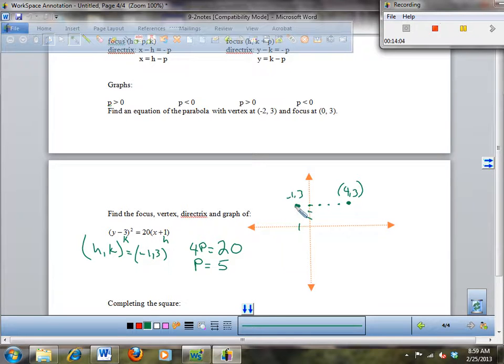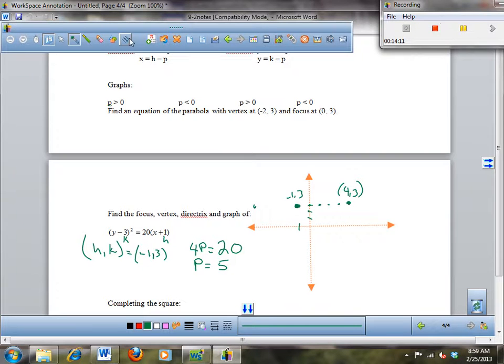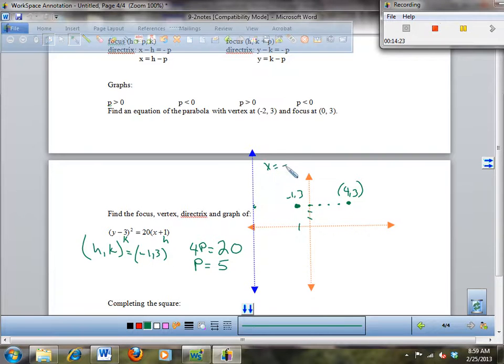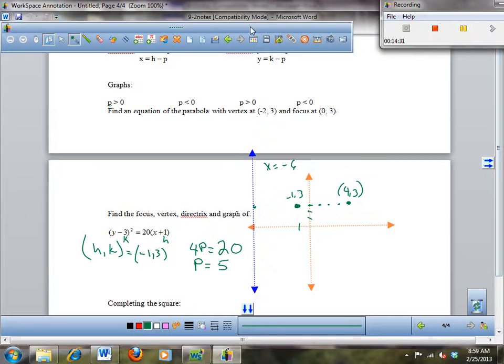Now the directrix is going to be 5 units to the left of the vertex, right? So if I were to draw a vertical line in here at the directrix, this is going to be x equals negative what? 6. And again, you could use these equations up here, which would give you the same thing.